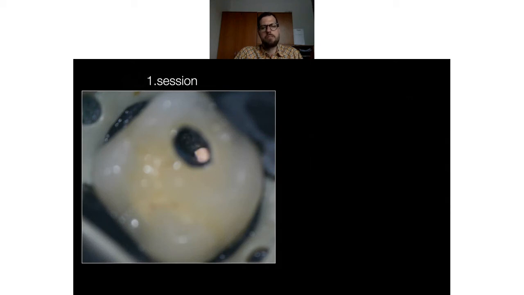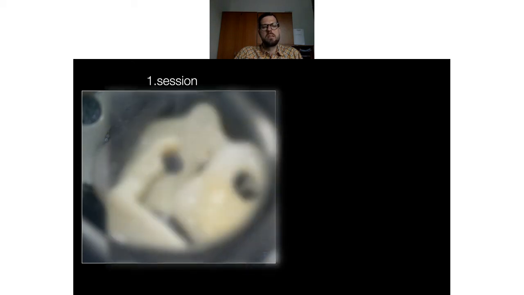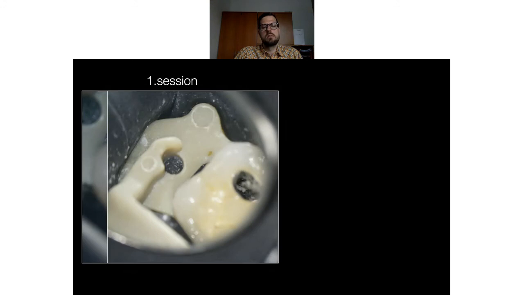So I found my MB2. I drilled through the crown, and now is the time to find the MB1. And I didn't need much time, because I knew exactly where to find it because of the CBCT.